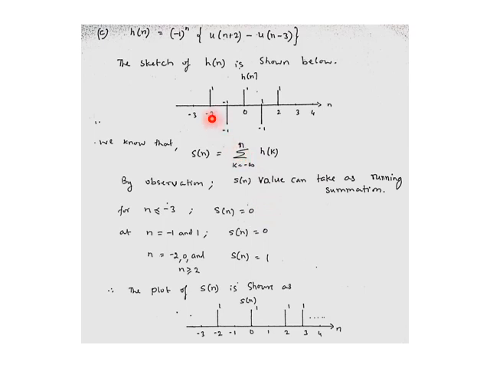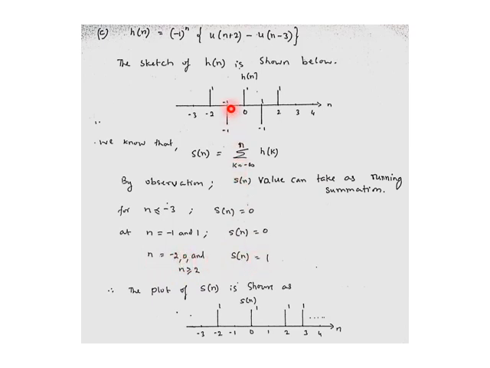When it reaches n equal to minus 2, all the values till minus 3 are 0, but at minus 2 we have 1. So the summation is 0 plus 0 plus 0, and last I have 1. So when n equals minus 2, s of n is equal to 1.